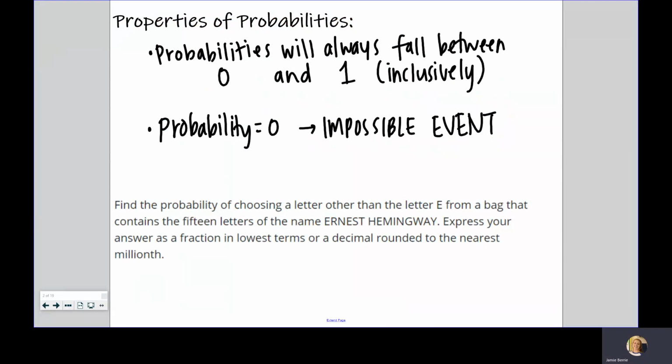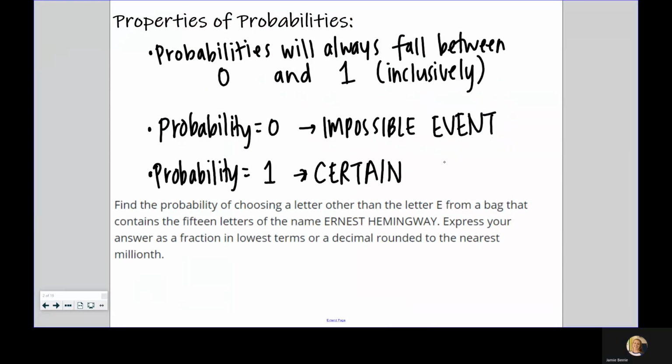And if you have a probability equal to 1, then that is called a certain event. It is absolutely certain that that event will occur.